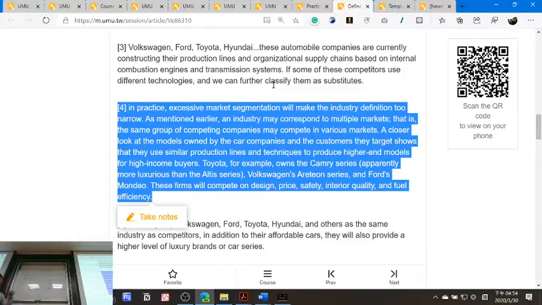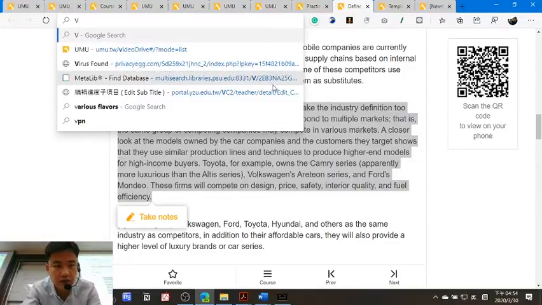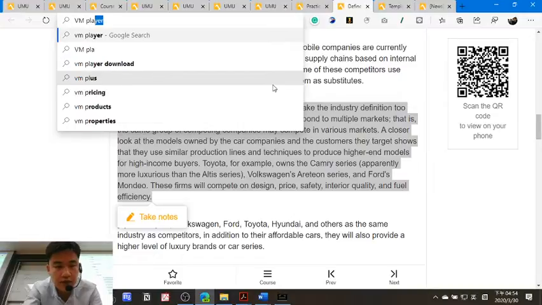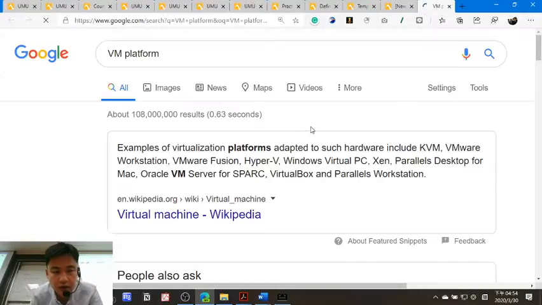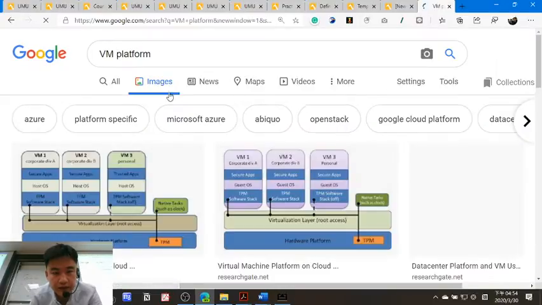Let's take Volkswagen as an example. Volkswagen, they have the so-called platform strategy. So you can check Volkswagen, VW, their platform strategy. Okay, and then we check this.